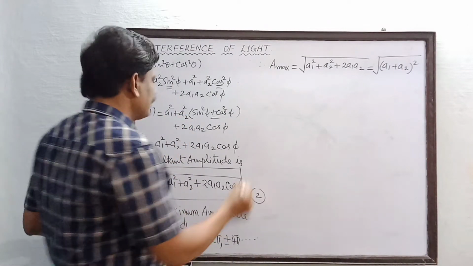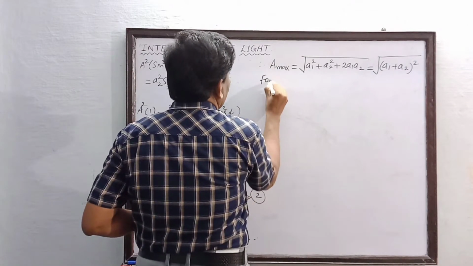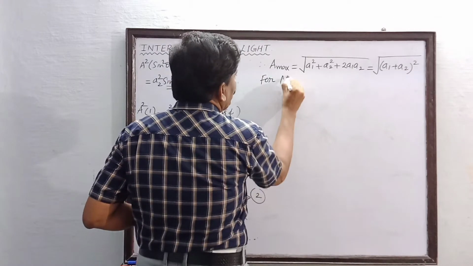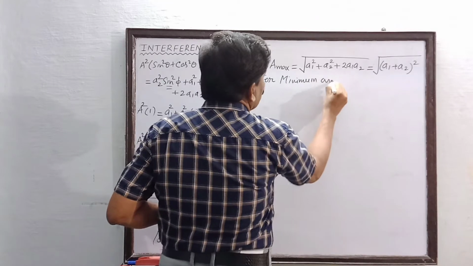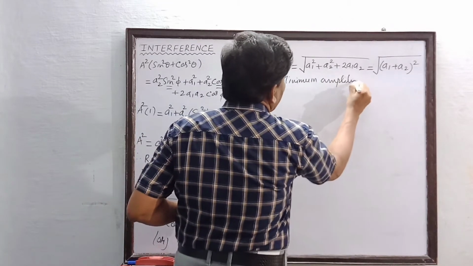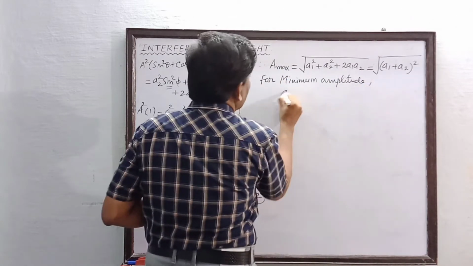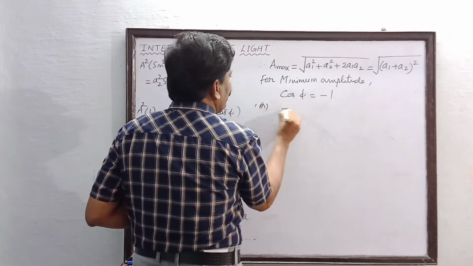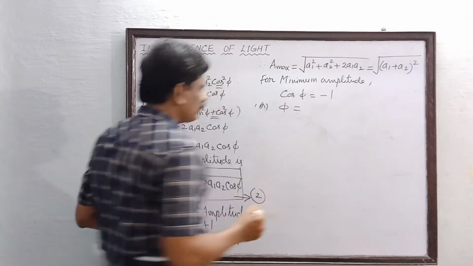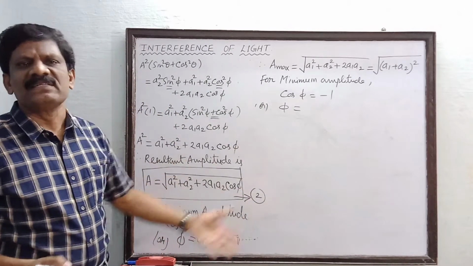Similarly, next one is the condition for minimum amplitude. For minimum amplitude, cos phi must be equal to minus 1, or phi must be equal to odd multiples of pi.